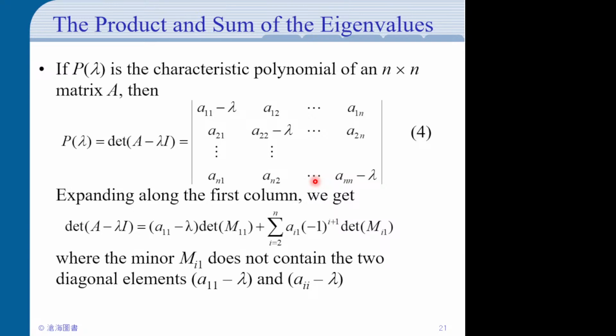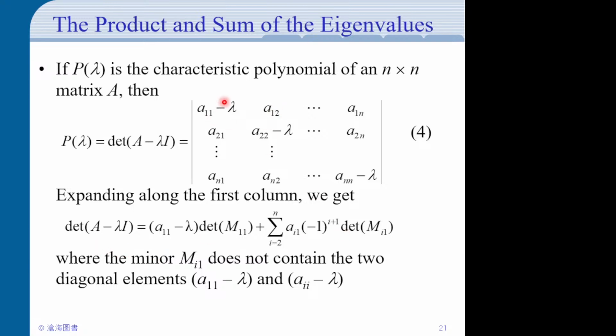Our definition of the determinant is a recursive definition where we can expand along any row or column. Now we try to expand on the first column.